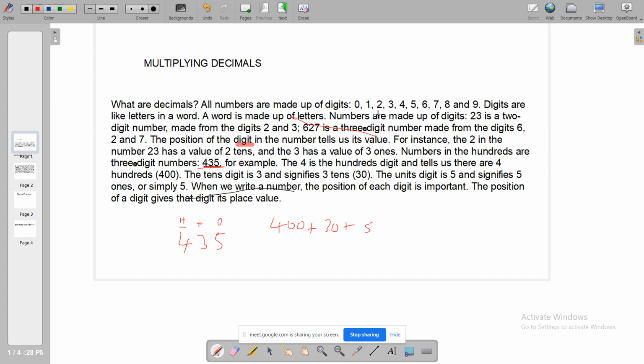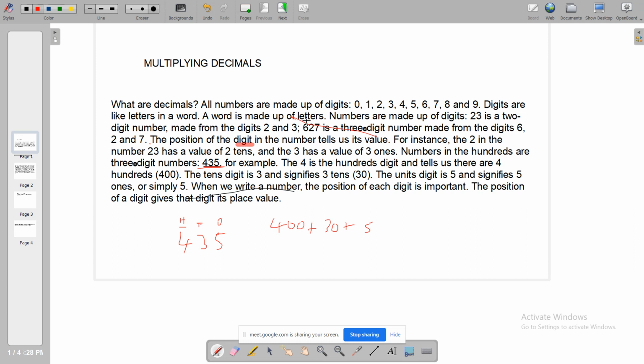So for instance, the 2 in the number 23 has the value of 2 tens, meaning 2 times 10, which gives you 20. That is what it means. And the 3 has a value of 3 ones.